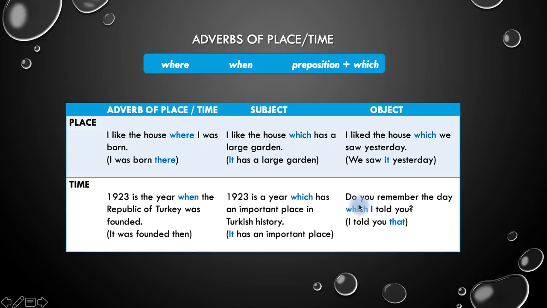Yeah, again, the day which I told you about. That's not about the time, but again, we're trying to give a characteristic to that day. That's why be careful with the meaning of the sentence, with the meaning that the sentence conveys. Think about the meaning in general.